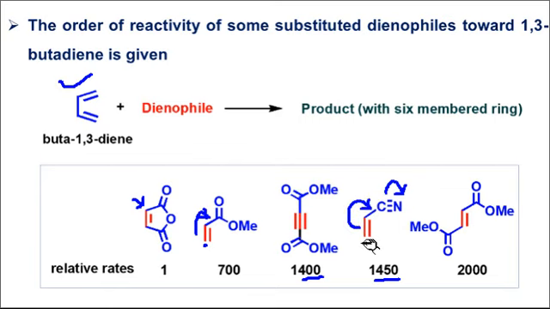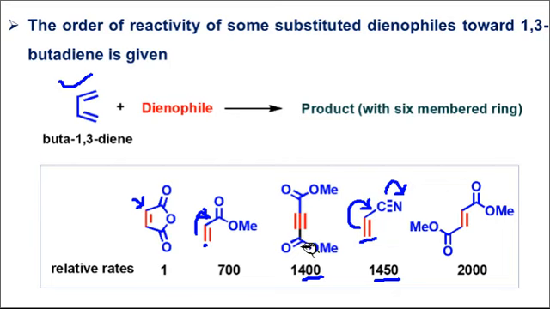So it will increase the electrophilicity of this carbon, hence it will enhance the rate of the Diels-Alder reaction. If you compare these two, the rate will be a little bit higher in the case of acrylonitrile because of this triple bond system. A triple bond system is a little bit more nucleophilic than a double bond system. Therefore, the rate will be slightly higher for this acrylonitrile system because it is comparatively less electrophilic than this system.